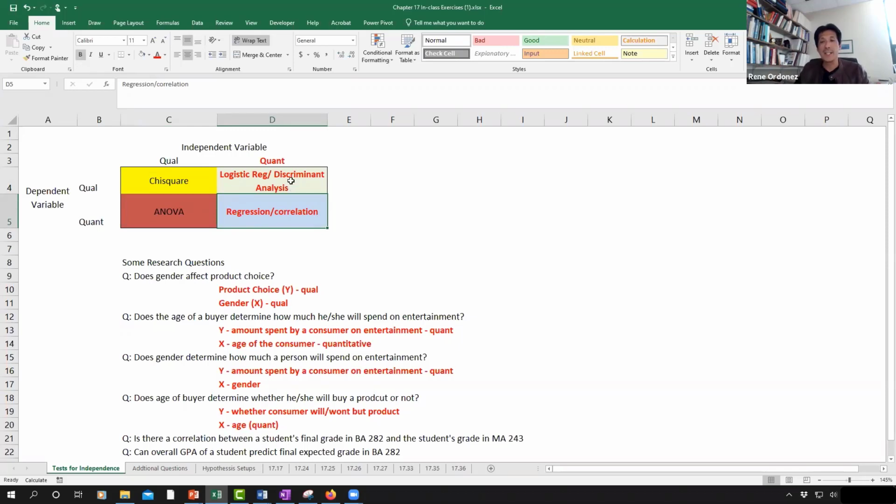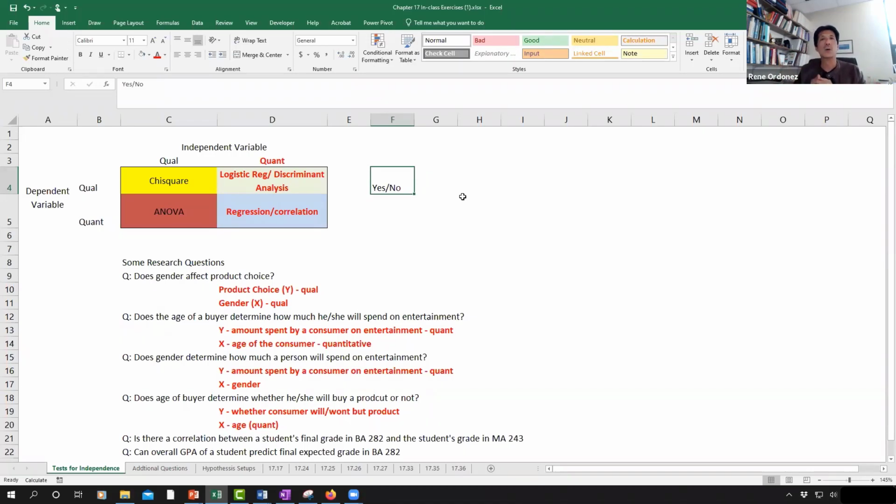But I just needed to include this in the lecture, because there are times when your response variable is a yes/no type of question, right? So given quantitative predictor variables, if you use logistic or discriminant analysis, you'd be able to assess the probability that a person will say yes or no to, let's say, a sales call.